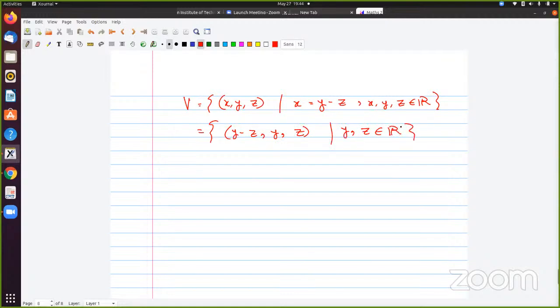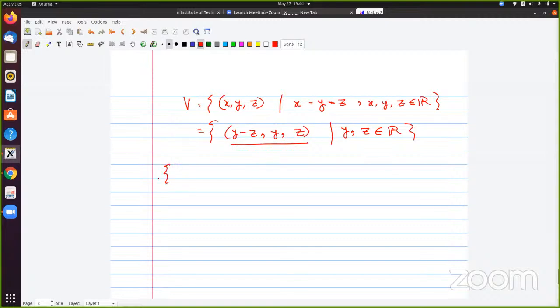I can replace x by y minus z as it is given. There can be any other way also: you can replace z by y minus x, or y by x plus z. Basically, you can replace one variable by the other two. That is the general form of an element in this vector space.